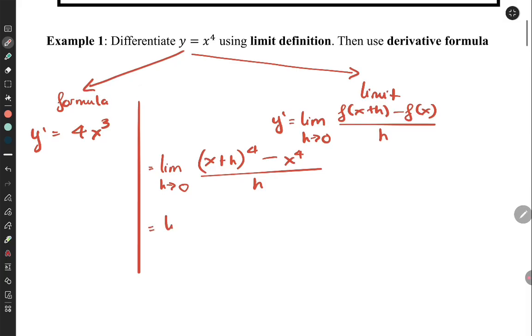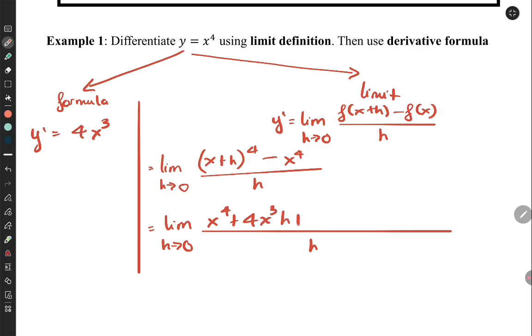Okay, if you expand the x to the power 4, yes, it's going to be a little bit of legwork, right? But it should be this.